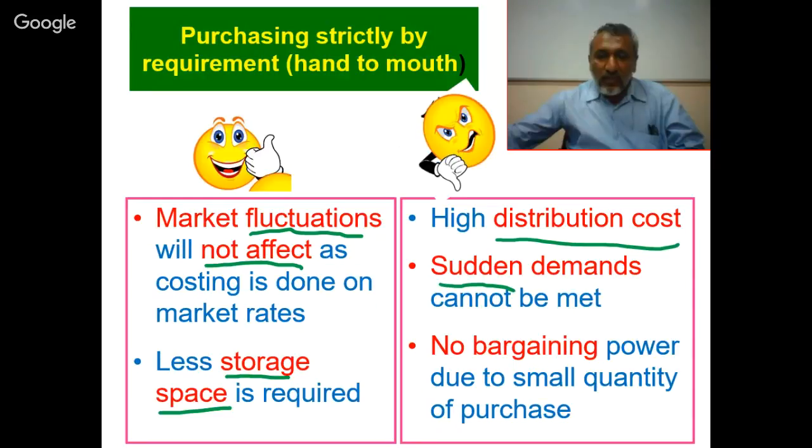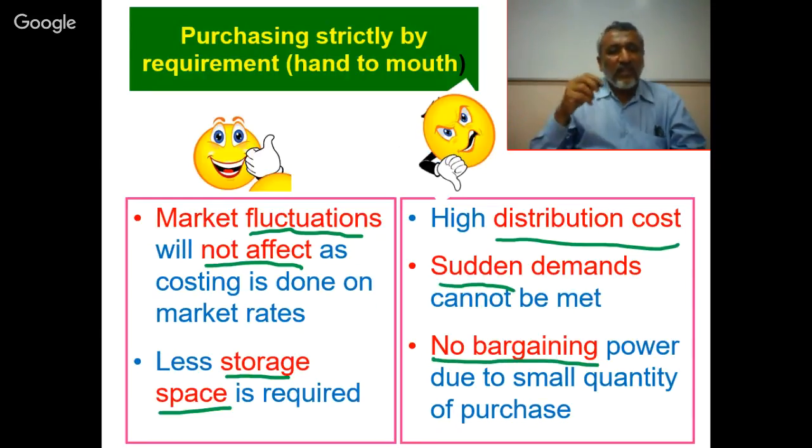Similarly, there is no bargaining power as far as the organization is concerned. That is, you have high bargaining power while buying materials if your quantity of purchase is very huge. If you go to the market and want to buy 1 kg of apple, you don't have any bargaining power.